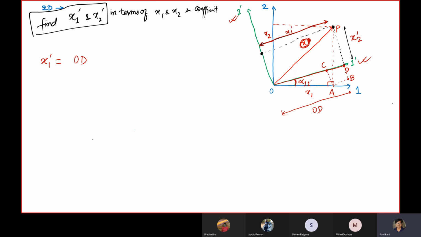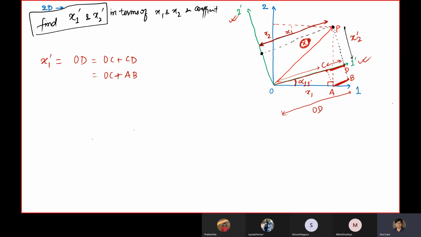So OD is nothing but OC plus CD, this length plus this length. Now CD is again equal to AB. These lengths are equal. So I can again write OC plus AB.